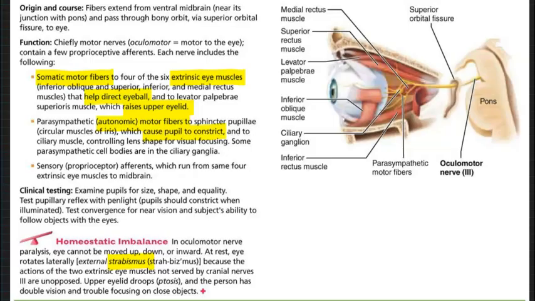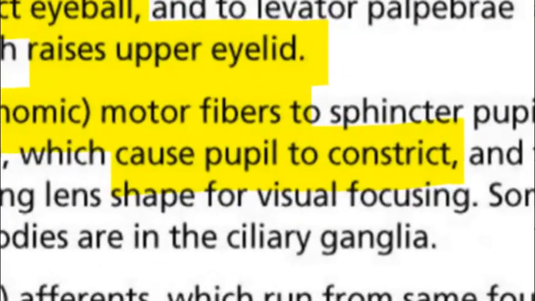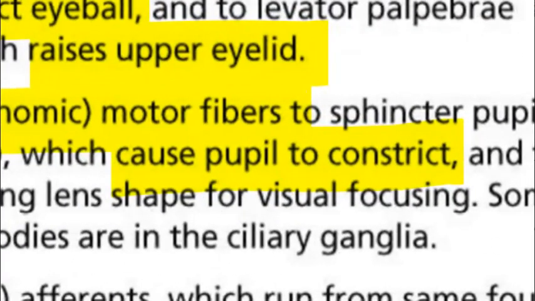What else? Trouble focusing? Well, yes, but more. It moves your eyelids, moves your eyeball, but what else does it control? It constricts your pupil. So the pupils don't constrict, right?